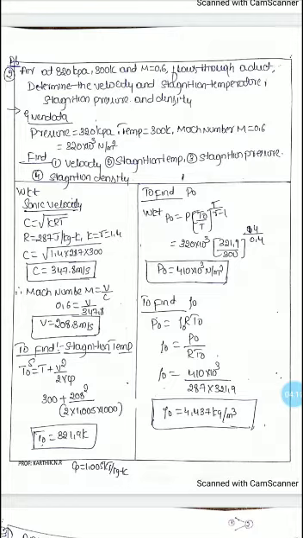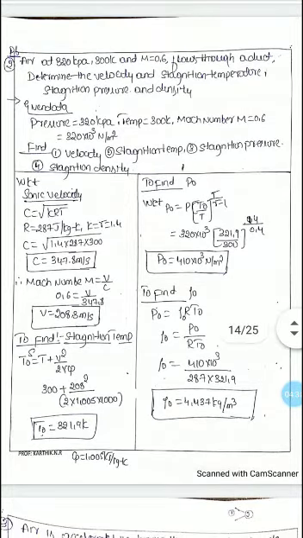Okay, see, from the given problem we can write the given data, that is pressure is 320 kilopascal, that is 320 into 10 raised to 3 pascal or Newton per meter square. Then temperature is 300 Kelvin. Then Mach number is 0.6. To find is velocity, stagnation temperature, stagnation pressure, stagnation density.